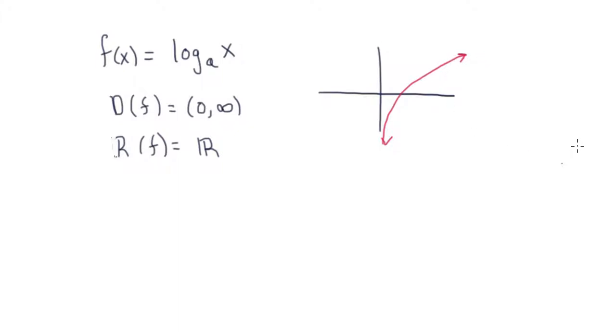Another important thing to note is that no matter what the base is, the logarithm is going to cross the x-axis at x equals 1. So that's x equals 1 right there. That's important to remember. So that's kind of what the shape of the logarithm graph looks like.